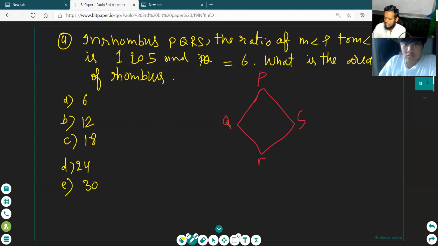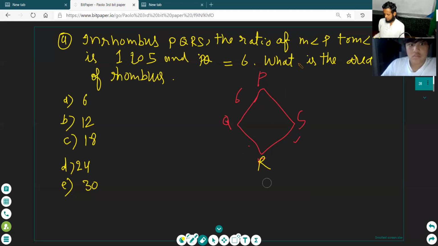R capital, okay? That means this side is 6, this side 6. What is the area? We don't know, only PQ is given. You cannot write the 6, 6, okay? All sides may be equal, but not necessarily, okay?